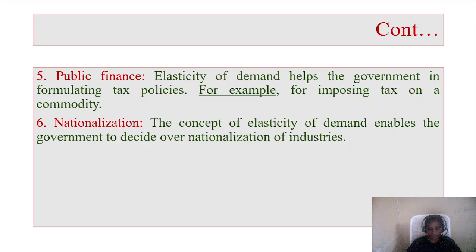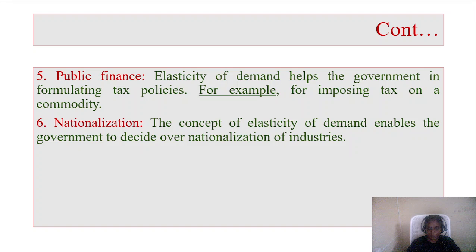Then nationalization. The elasticity of demand helps the government to decide the nationalization of industries, because nowadays, apart from the agricultural sector, the government is giving more importance to the industrial sectors. In that case, the government looks into the industries, how far they are producing the commodity and selling the commodity.